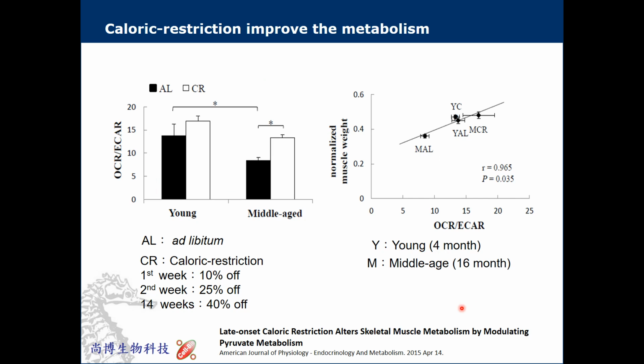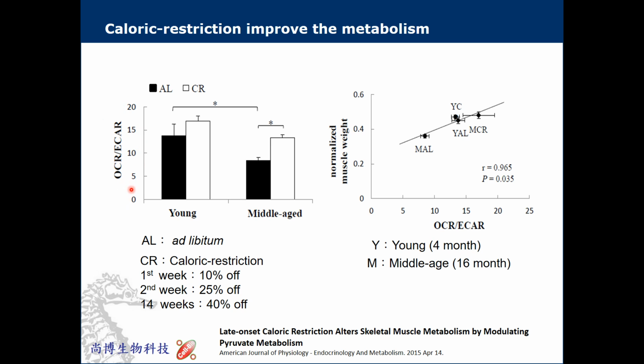Let's show you this paper. This paper is from a researcher in Taiwan. They did research on calorie restriction. They used young mice and middle-aged mice, and they tried normal eating and restricted eating. And we show the data with OCR divided by ECAR.